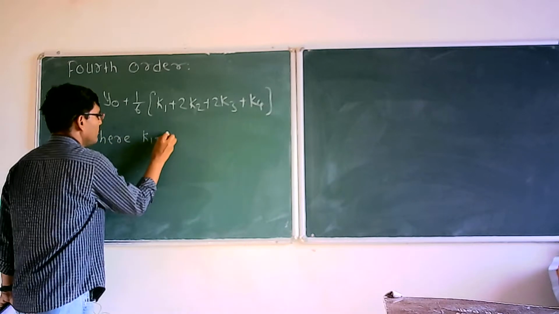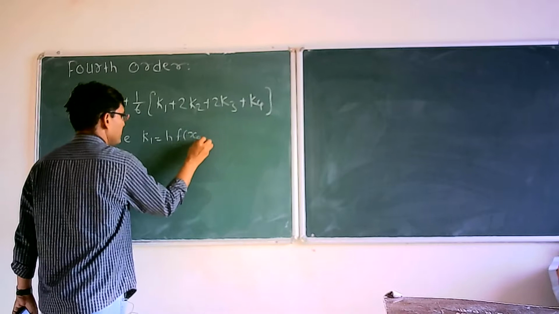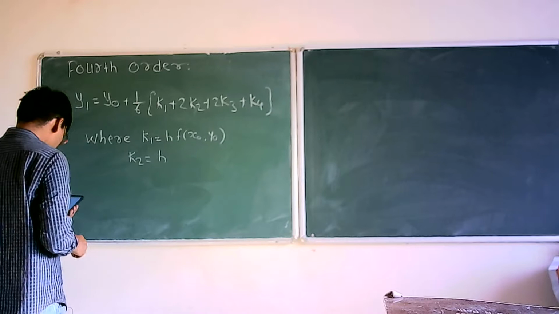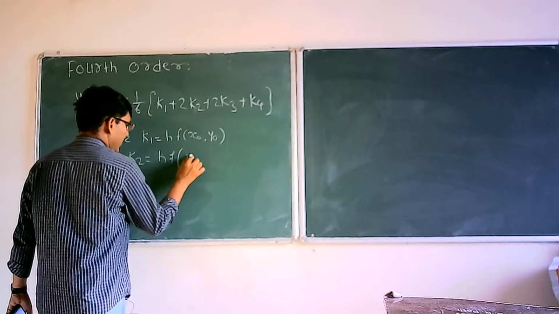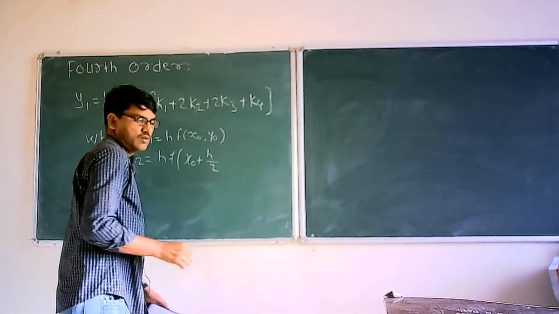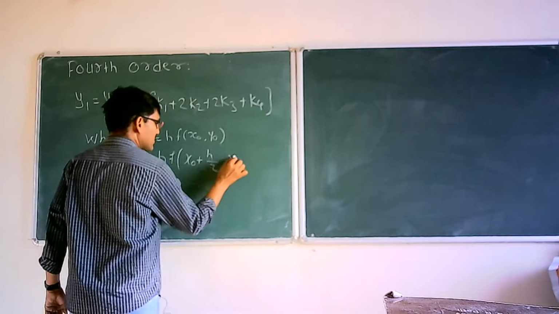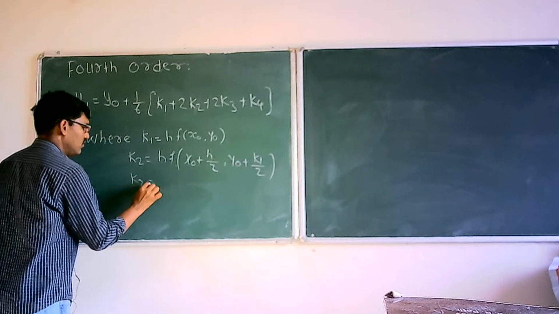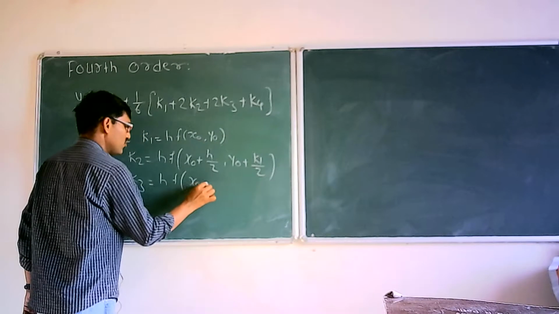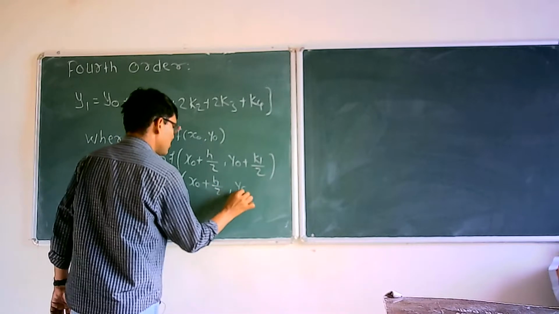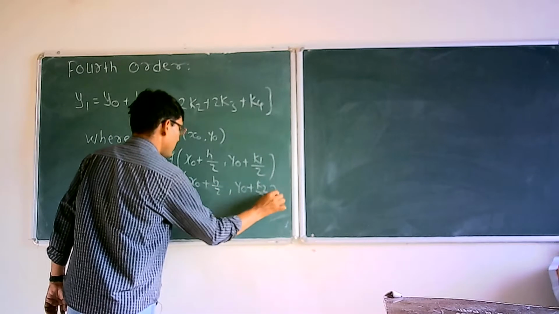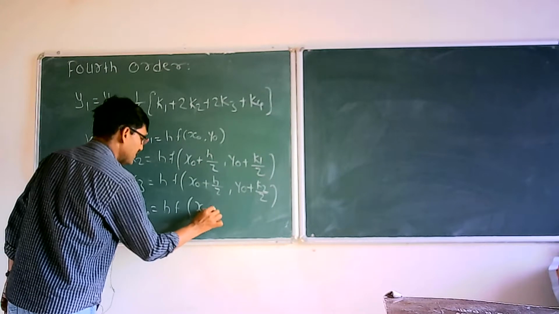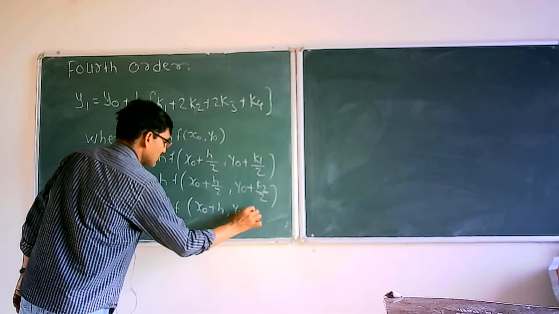k1 is equal to h f of x0 y0, k2 is equal to h f of x0 plus h by 2, y0 plus k1 by 2, k3 is equal to h f of x0 plus h by 2, y0 plus k2 by 2, and k4 is equal to h f of x0 plus h, y0 plus k3.